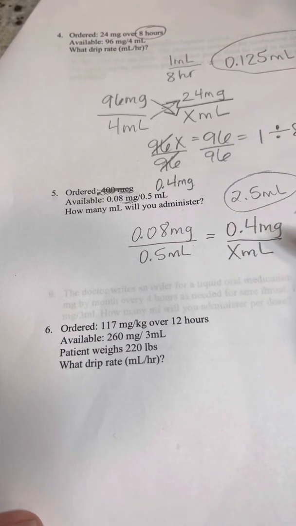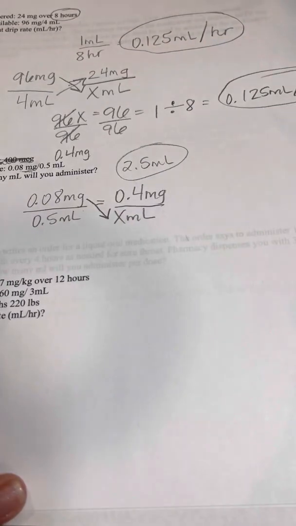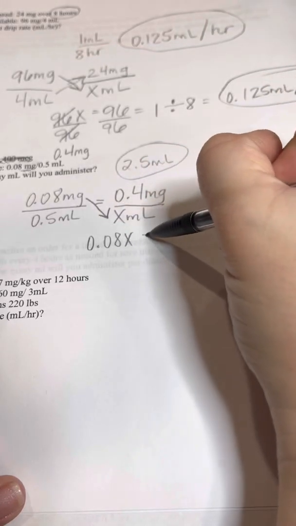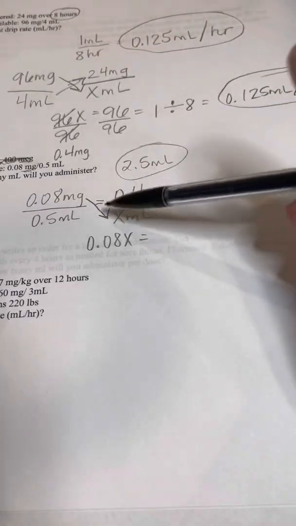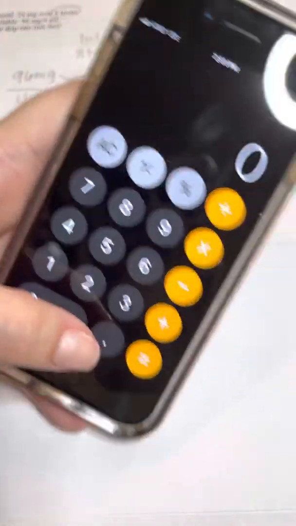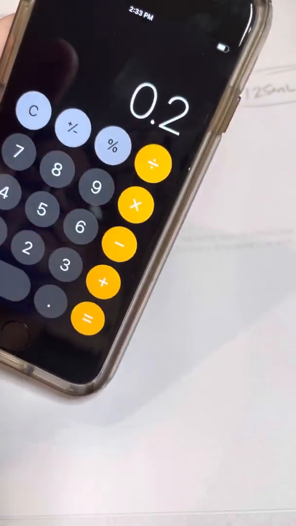We need to know how many mLs that is. All right, we're going to cross multiply. 0.08X equals 0.5 times 0.4. 0.5 times 0.4 is 0.2.